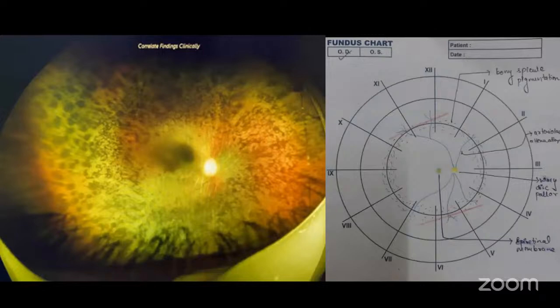The parafoveal region seems to be normal, whereas the vessels are attenuated and the foveal reflex cannot be seen. The mid-periphery and peripheral retina show multiple hyperpigmented areas, giving rise to a mottled appearance.